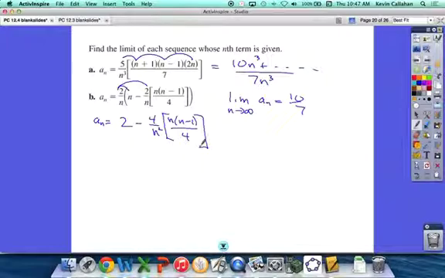Okay, now when I take the limit as n approaches infinity, I'm going to use the properties. Let's go term by term.